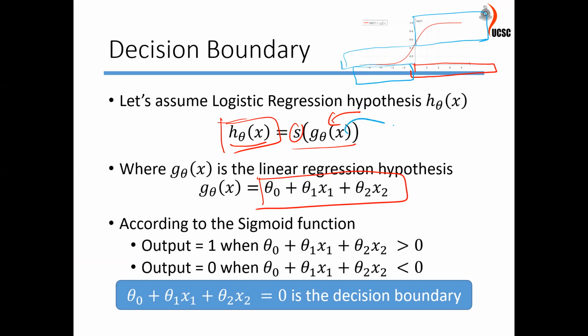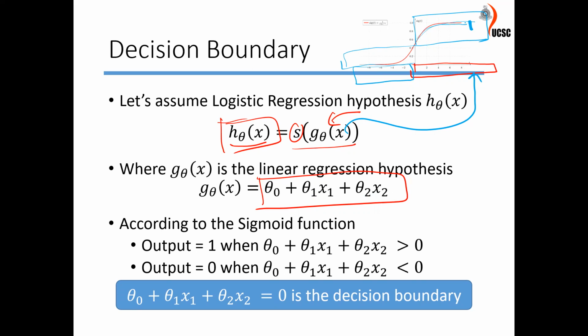So this is the value given by our linear regression. It can be theta 0 plus theta 1 x or something like that. If this linear regression gives a positive value, then the output will be 1, because the function is here.